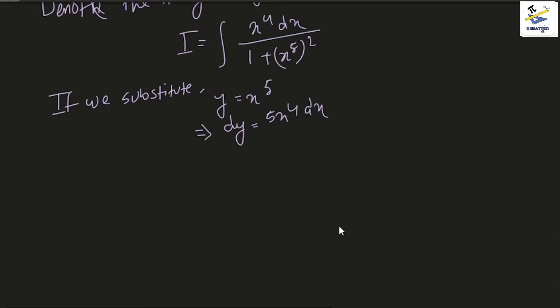And what we want is the value of x to the power 4 dx, so therefore x to the power 4 dx should be equal to dy by 5.